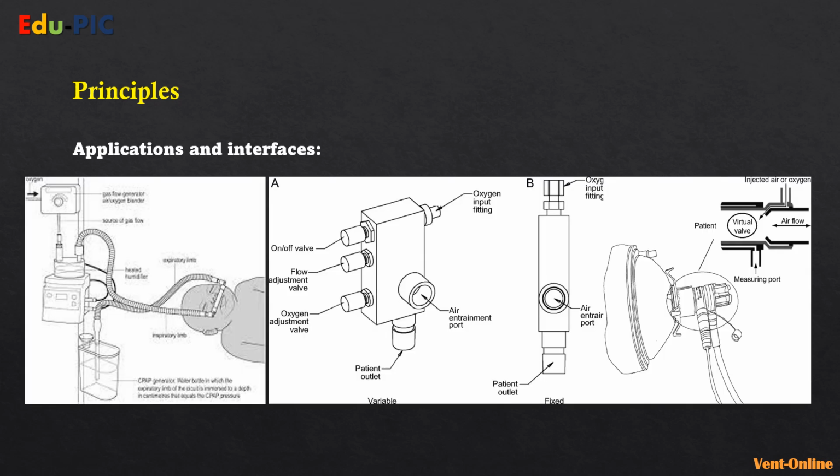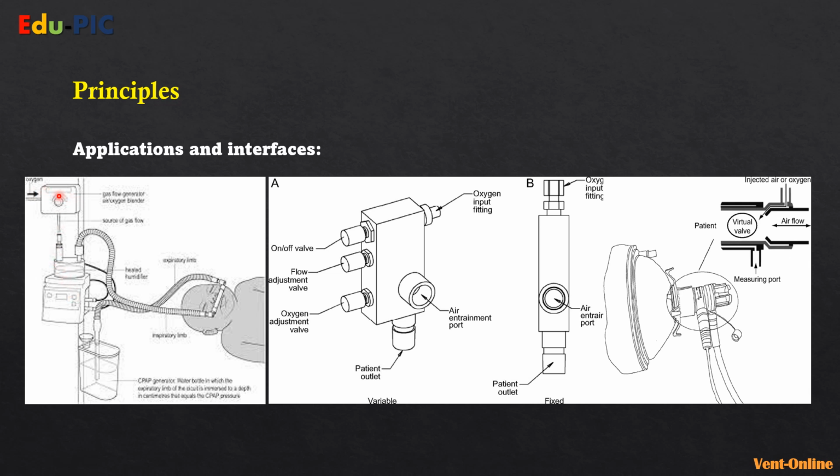Okay. So we said something about how pragmatic CPAP is from the fact that it's got different ways to apply and different interfaces. These are just examples of how you can deliver PEEP or CPAP in different ways. So on this left hand side picture, you can see that there is nasal prong CPAP here, and then the connections go into an underwater chamber, along with that arm being connected to the humidifier that you would get with any ventilation set, and that is all connected to an oxygen blender.